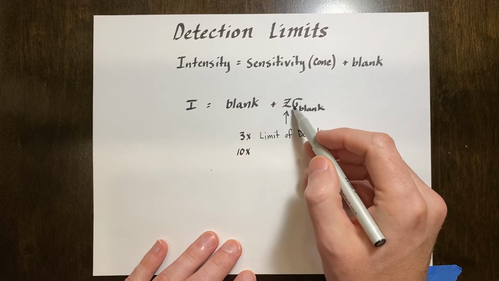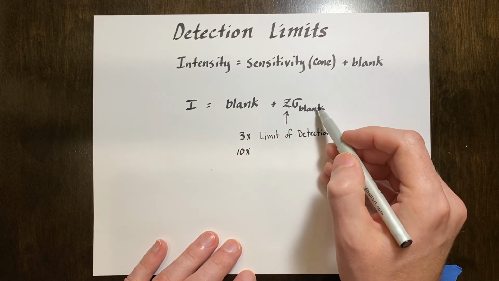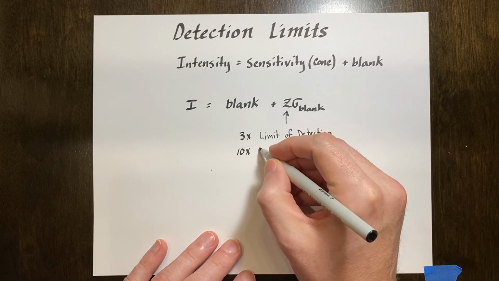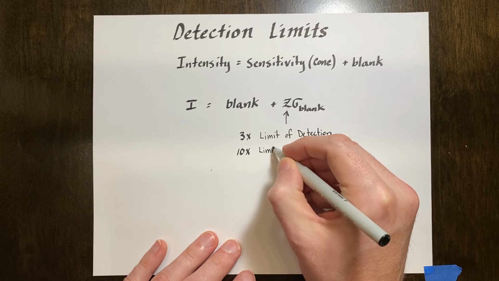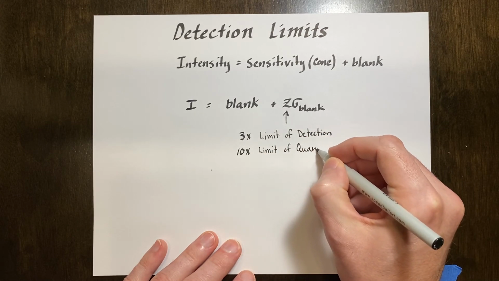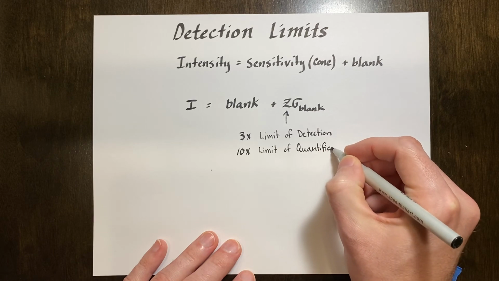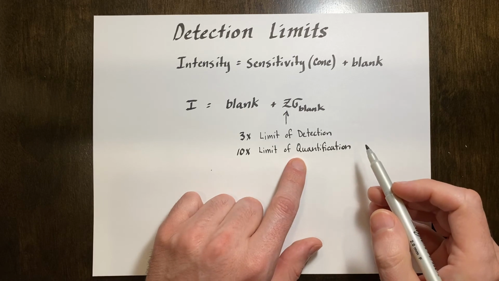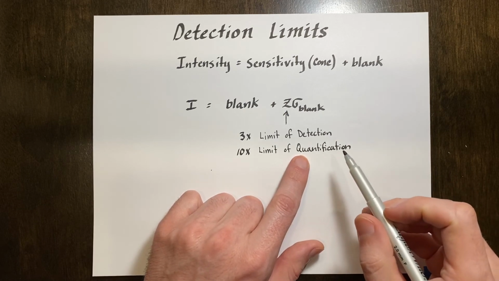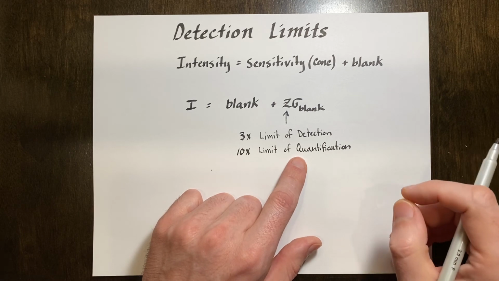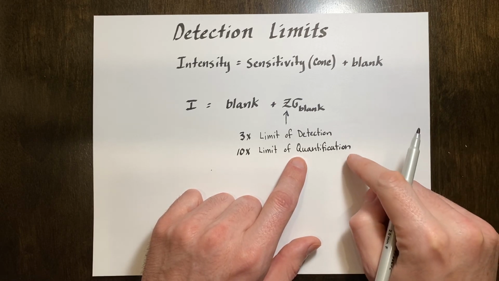If we multiply the standard deviation of the blank by 10, then we'll have the limit of quantification. This is the smallest value that we could easily say this is the concentration of that analyte.